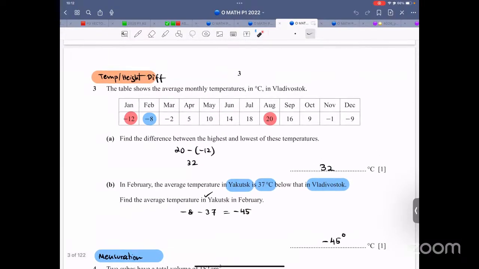That is over here. That is February. That is negative 8. So negative 8, negative 37, that is this much below, that is negative 45. So this is negative 8, and we are going 37 degrees to the left. So therefore, this is negative 45.